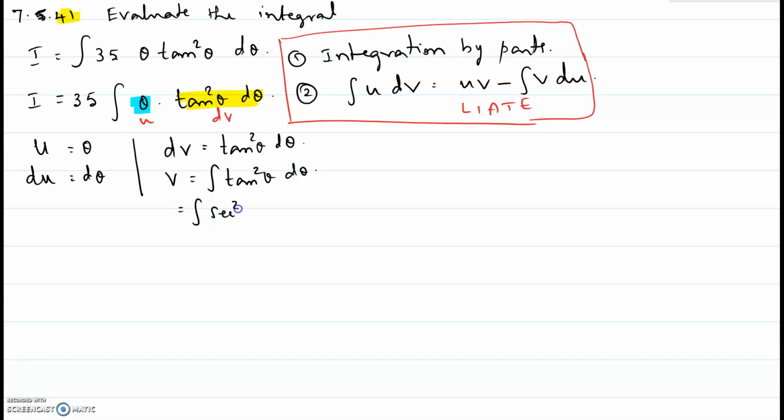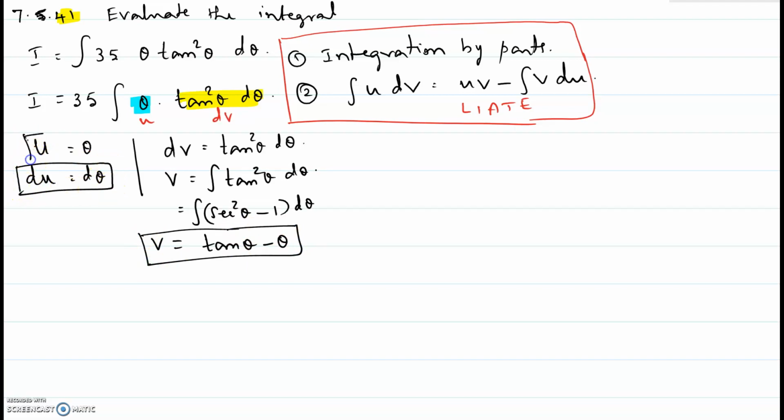So we need to write it as secant squared minus 1 by the Pythagorean identity, because the integral of secant squared is tan, and the integral of 1 is theta. So we know v, which is tan theta minus theta, du is d theta, u is theta, then dv is tan squared theta d theta.